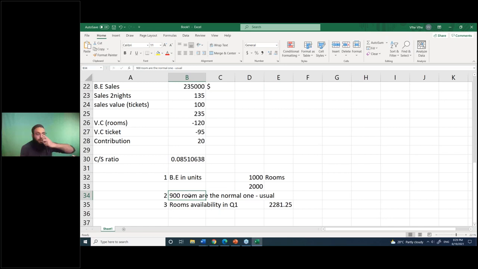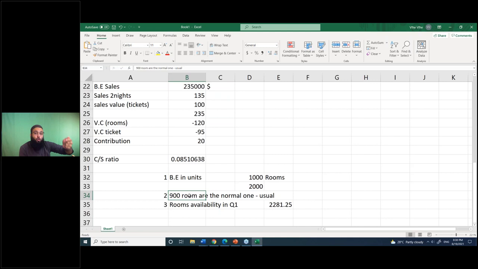Now, one option is that you refuse those 900 ones. Sorry, we will not accommodate you. That you cannot do, because those are your usual customers. And if you go for this theater package, for theater package, break even is at 2,000, right? Because it's for 2 nights. Are you getting my point, everyone?